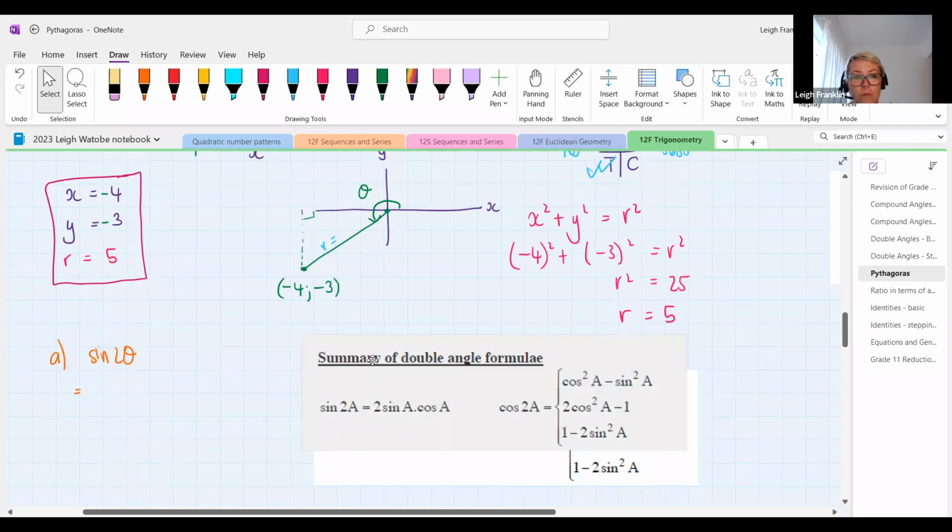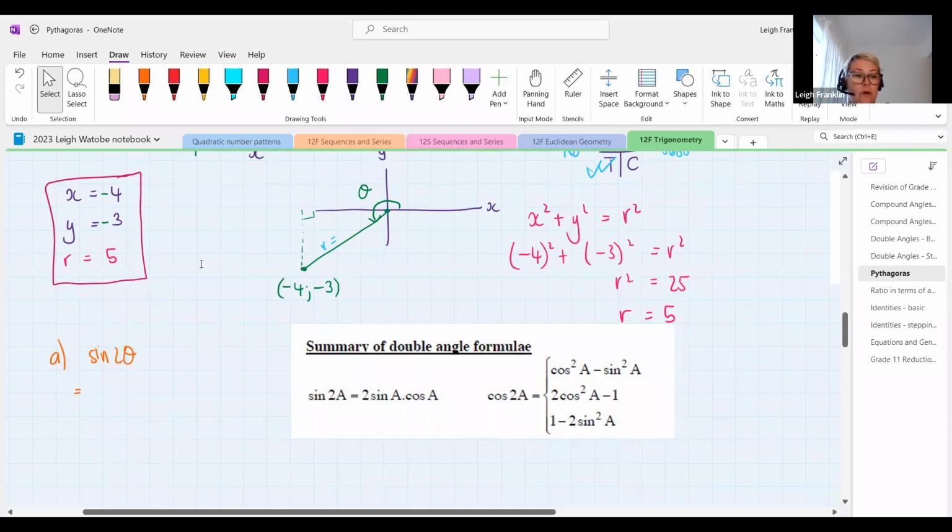There you go. What are you going to do with sine 2 theta, guys? We're going to write it as, exactly, 2 sine theta cos theta.